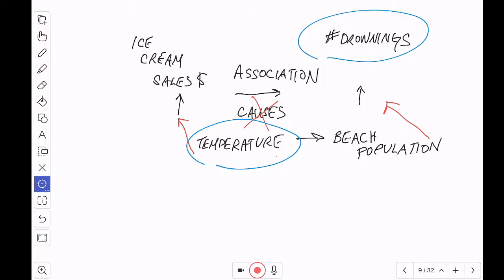And so in this story, if you actually monitor these two, we would say that temperature is your explanatory variable, and drownings are your response variable.